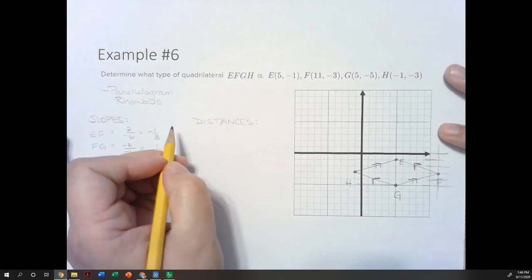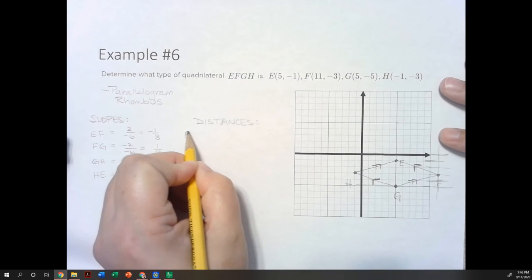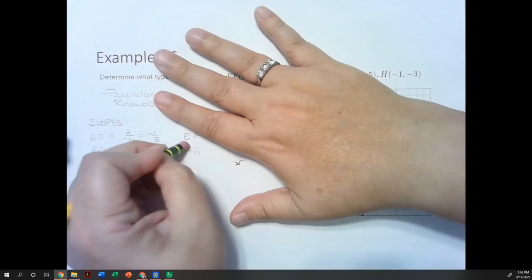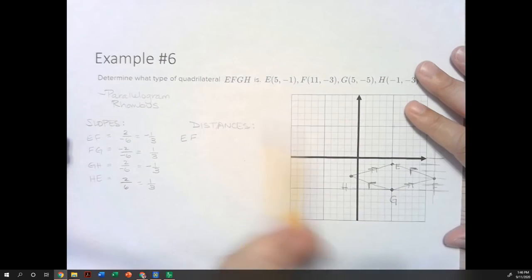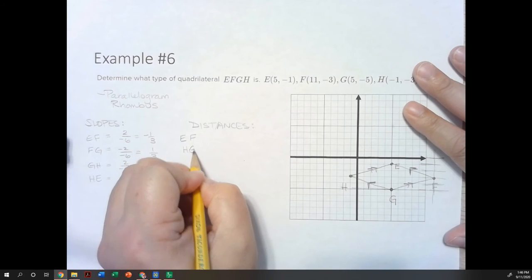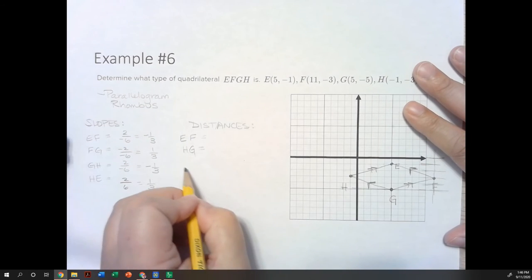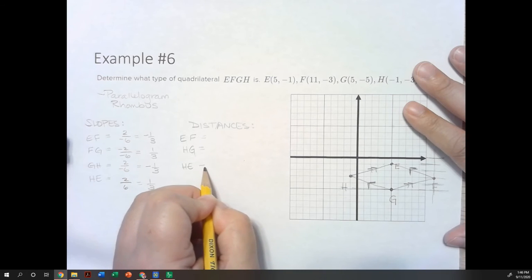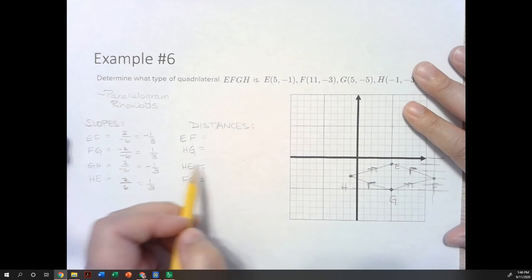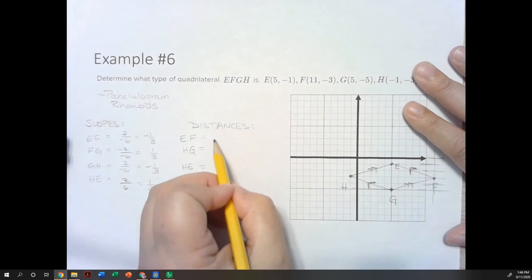All right, so my distances, so I'm going to be doing E to F, F to G. Well, actually, let's do the ones I want to be the same. So E to F, I want it to be the same length as H to G. And then I want my distance from H to E to be the same as F to G. And remember, you guys, it does not matter which letter I write first, okay?